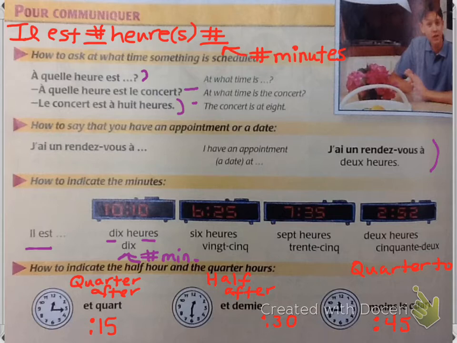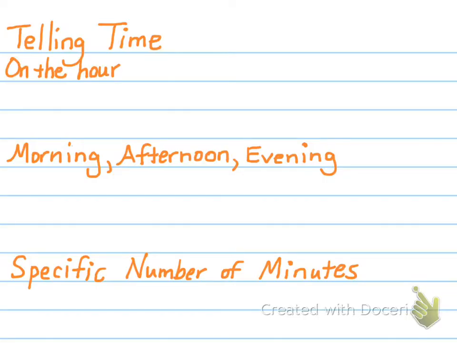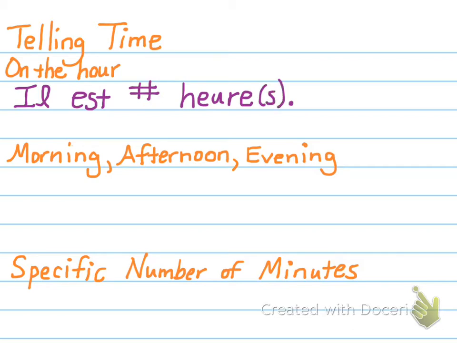Now notice with the 3h moins le quart, you're saying it's quarter to the next hour. So to put some notes, if you'd like to take notes about telling time: when we're telling time on the hour, our format is il est, our number, and most times it is going to have an S on it, except for 1 o'clock.